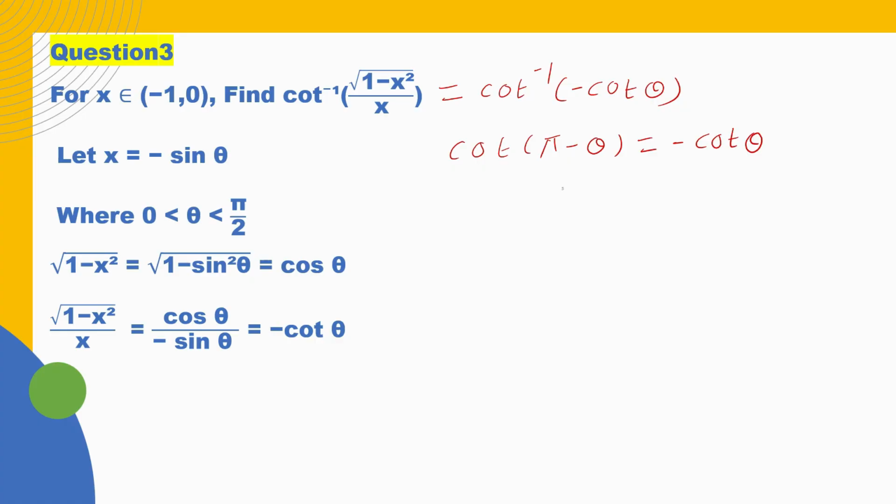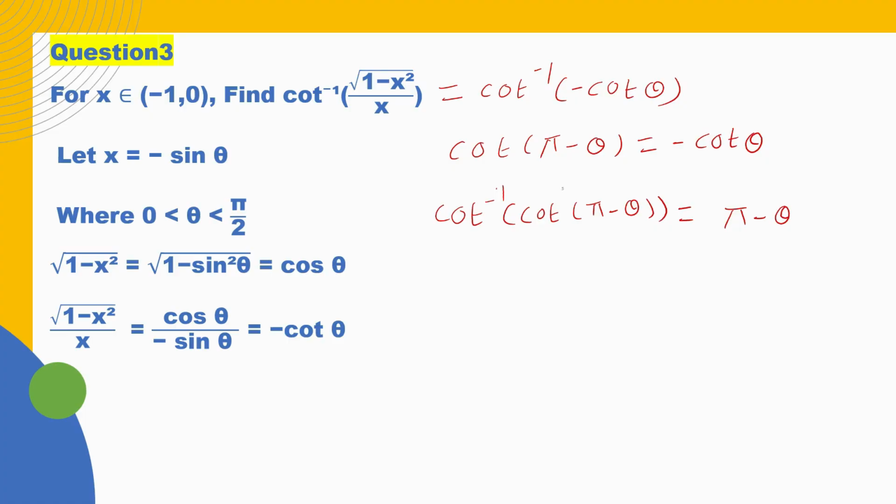So we will write cot inverse of minus cot theta is equal to, replacing minus cot theta with cot of pi minus theta, cot inverse of cot of pi minus theta, which is equal to pi minus theta.